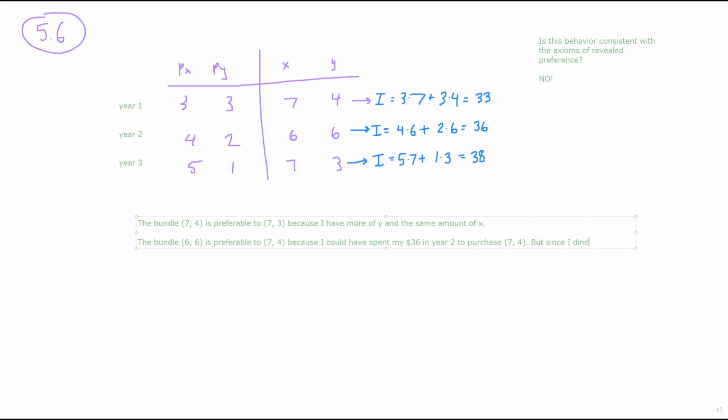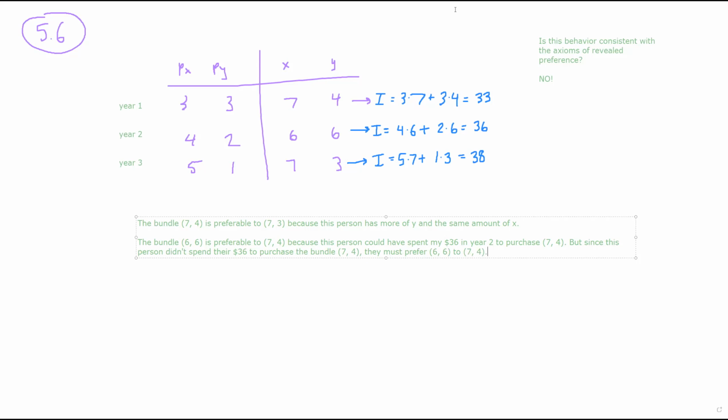Since this person did not spend their $36 to purchase the bundle 7.4, they must prefer 6.6 to 7.4.